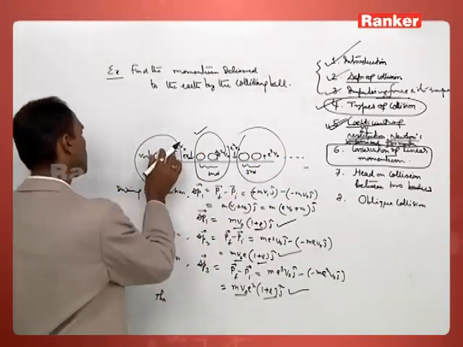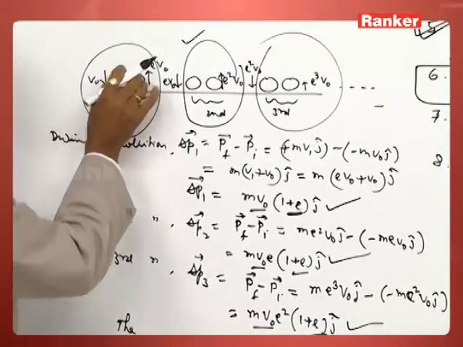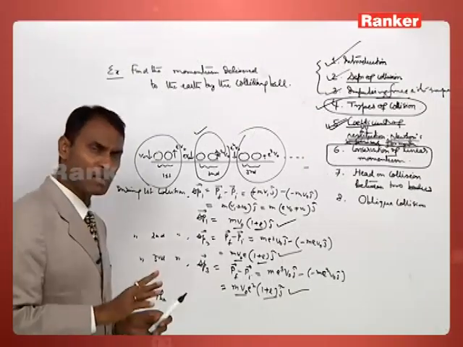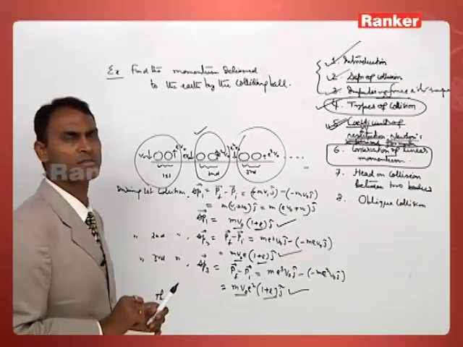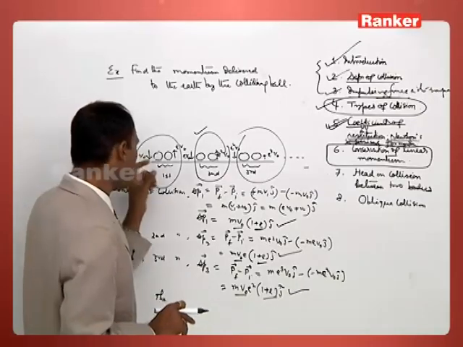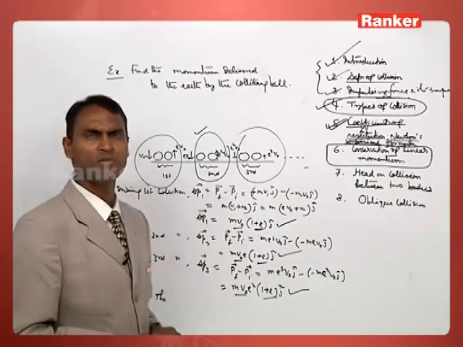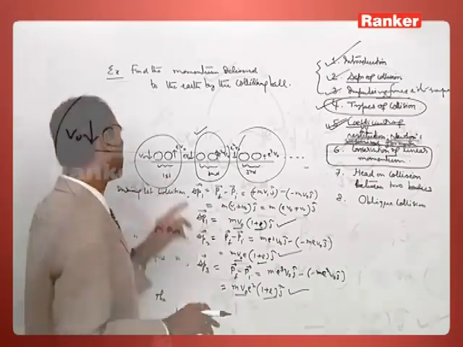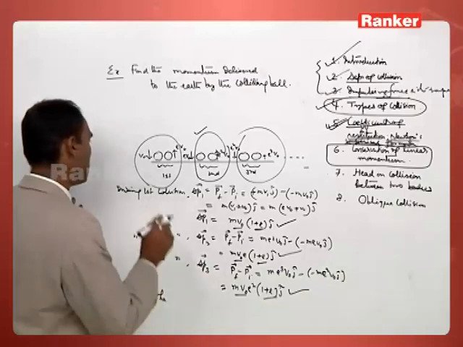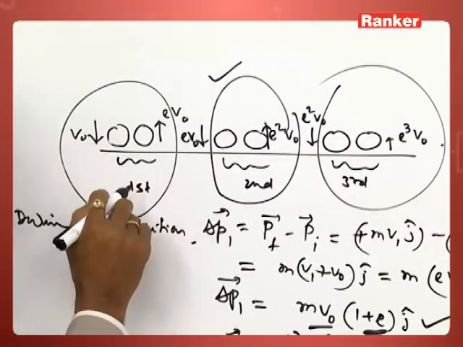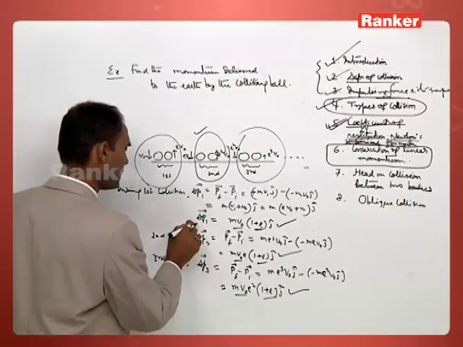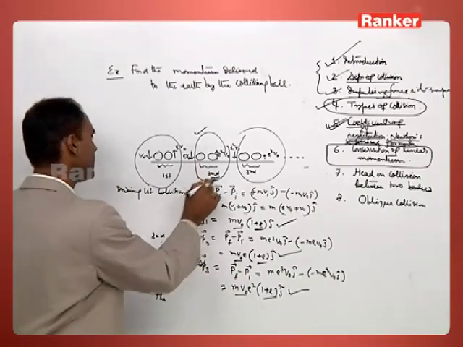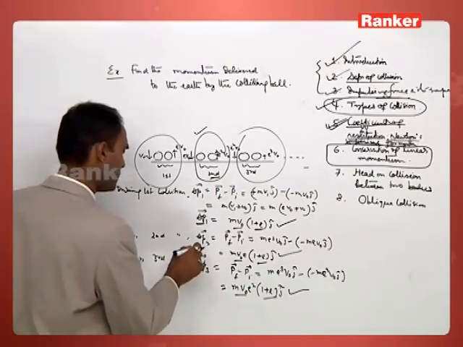Here, you can understand that how much the ball is changing its momentum, that much momentum will be changed by the earth in the opposite direction. So, momentum delivered by the ball onto the earth is equal to the change of momentum of the earth, that is numerically equal to the change of momentum of the ball. So, the momentum delivered to the earth by the ball during the first collision will be equal to del P1. Momentum delivered by the ball during the second collision to the earth will be equal to del P2.